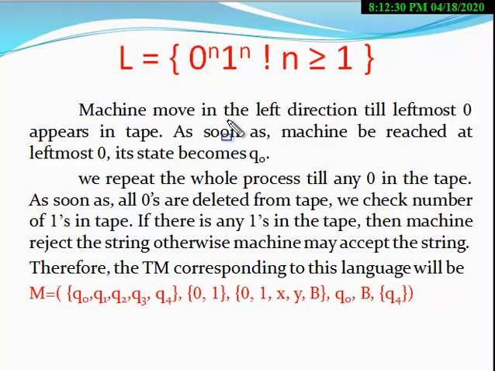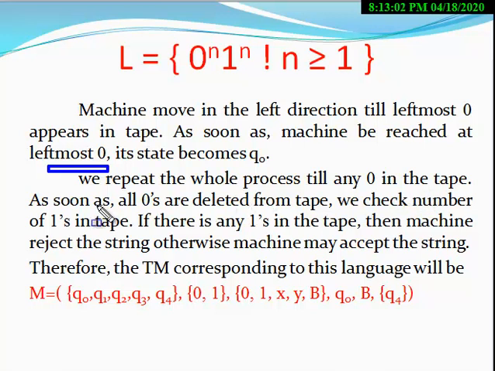Next, the machine moves in the left direction till the leftmost 0 appears on the tape. As soon as the machine reaches the leftmost 0, its state becomes Q0. We repeat the whole process till there is any 0 on the tape.